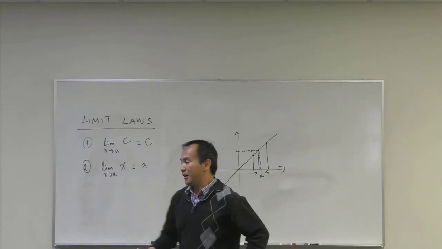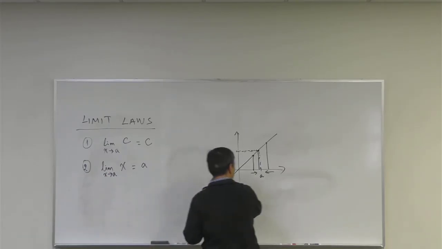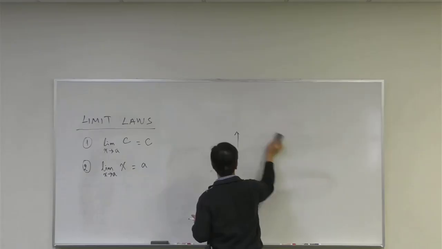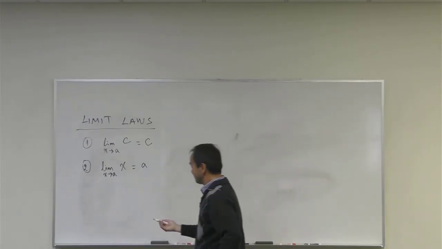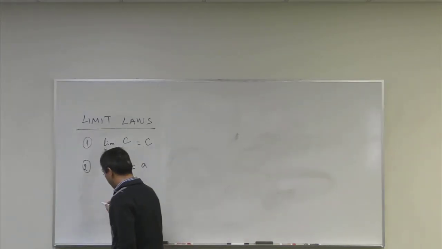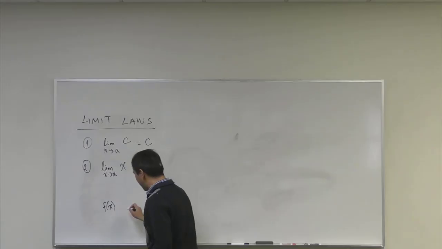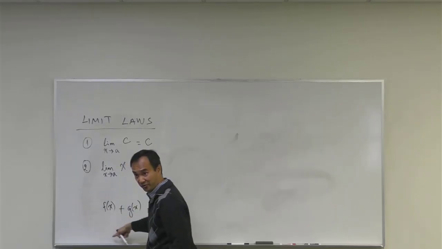Sounds good? All right, among the limit laws, there's the next one right here. A lot of times, and you've learned from your pre-calculus days, that you can take any two functions, add them together, and consequently come up with another function. So the overall f plus g is a function.